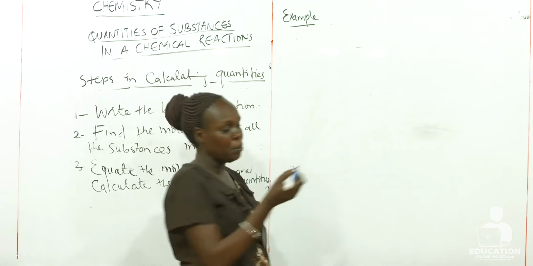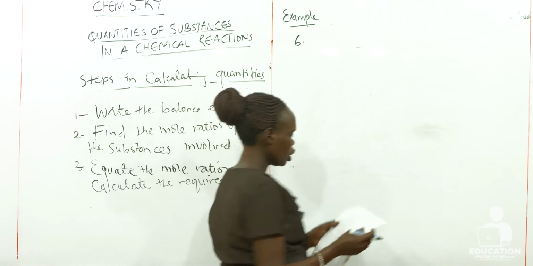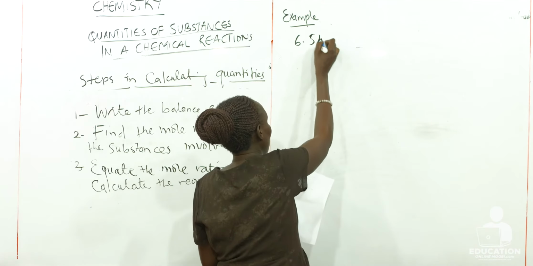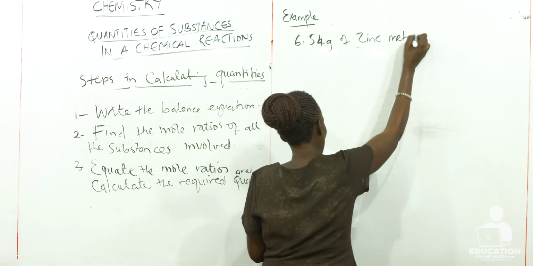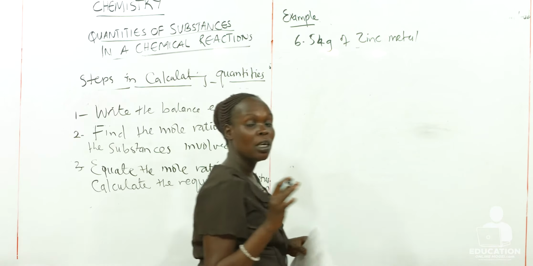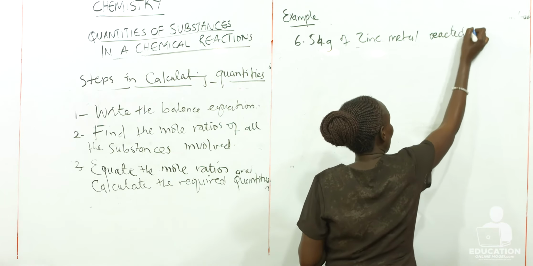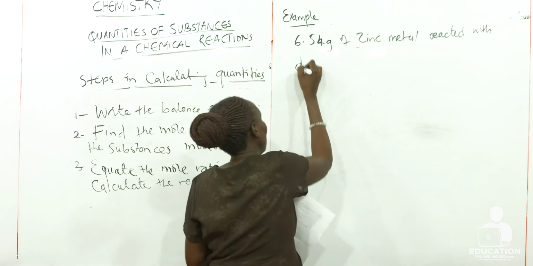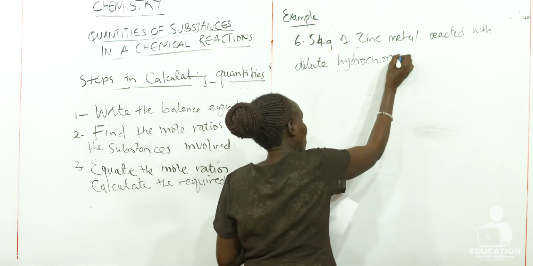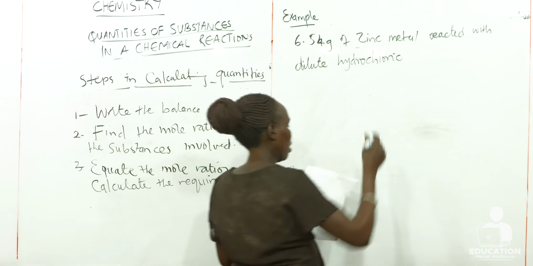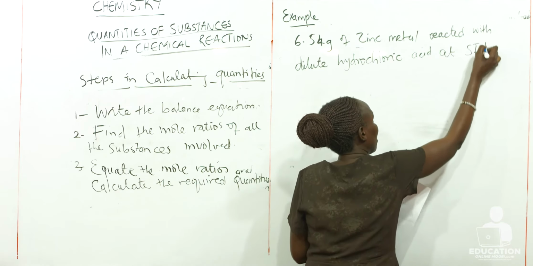So you have 6.54 grams of zinc metal reacted completely with dilute hydrochloric acid, and this reaction reached completion, at standard temperature and pressure.